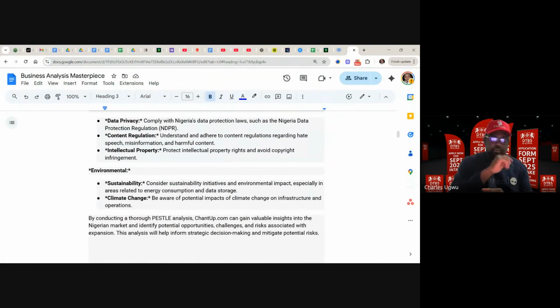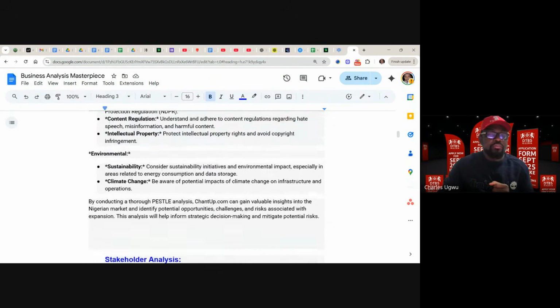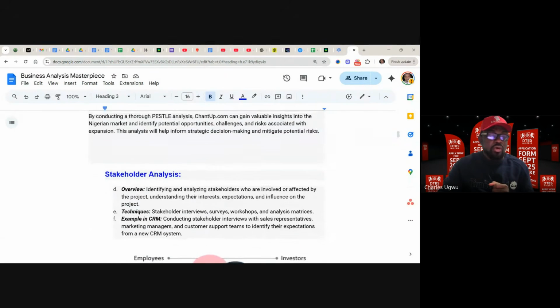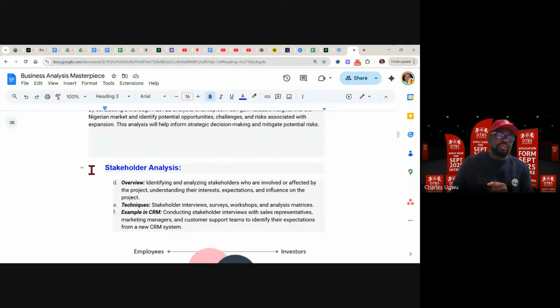So that's it. Next time we are going to skip, because I don't have time to start repeating classes. We've handled stakeholder analysis.